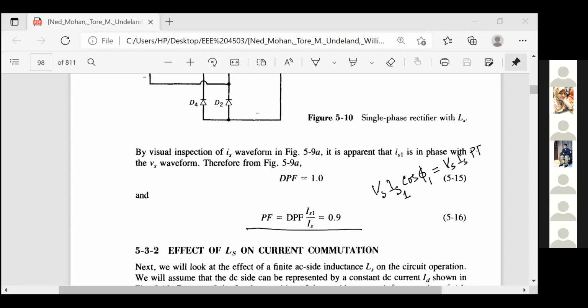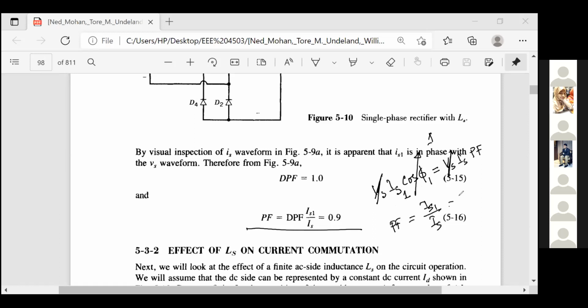Sir, actually, I understood this part. You understood, but I have to understand, right? Look here. These VS and these VS cancel, and this is our 1. The power factor is coming as IS1 divided by IS, right?